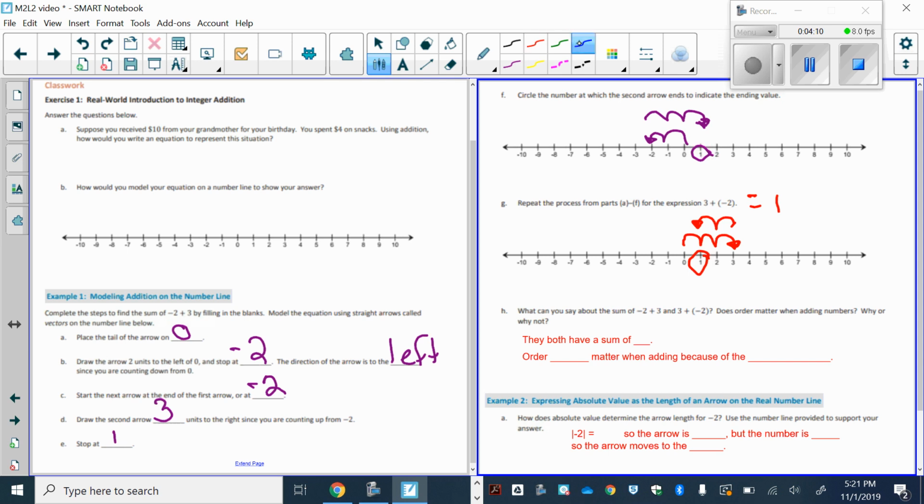What can you say about the sum of -2 plus 3 and 3 plus -2? Both examples we just did. Does the order matter when adding numbers? Why or why not? Well, we found out that they both stopped at 1, so they both have a sum of 1. Did the order matter? No, order does not.